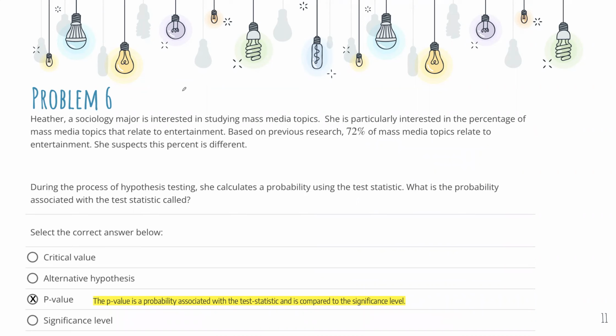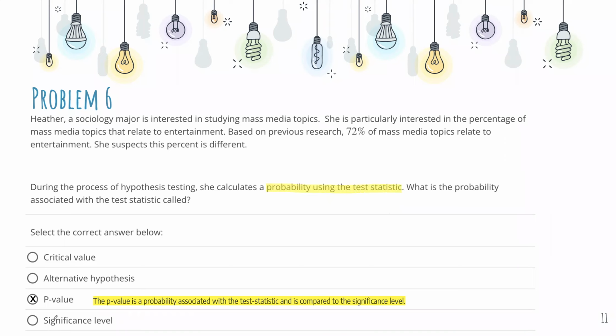She suspects this percent is different. During the process of hypothesis testing, she calculates a probability using the test statistic. What is the probability associated with the test statistic? So again, probability that uses the test statistic.